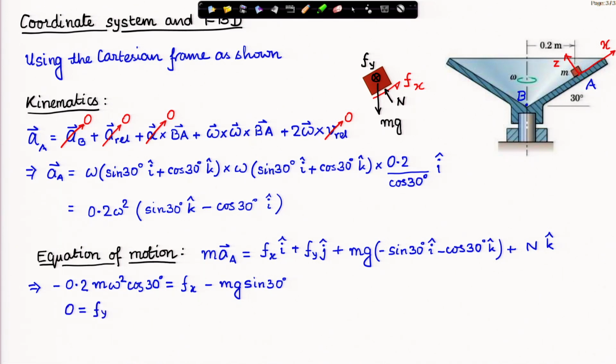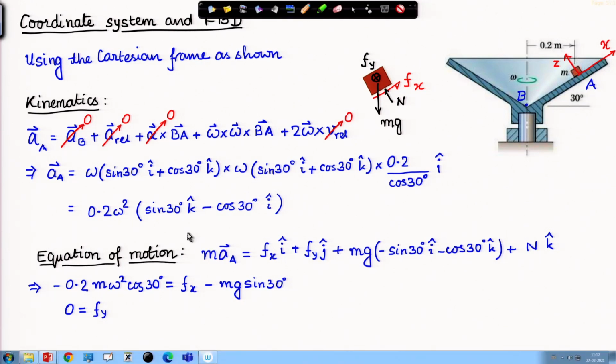Now, the j cap, there is no j cap in the acceleration, therefore, the left hand side is 0. Right hand side j cap, I have only fy, therefore, 0 must be equal to fy. So, fy is 0. So, my equation of motion will tell me this.